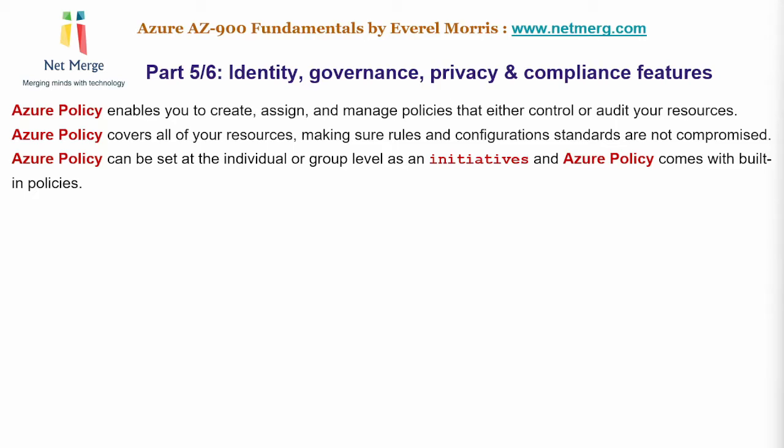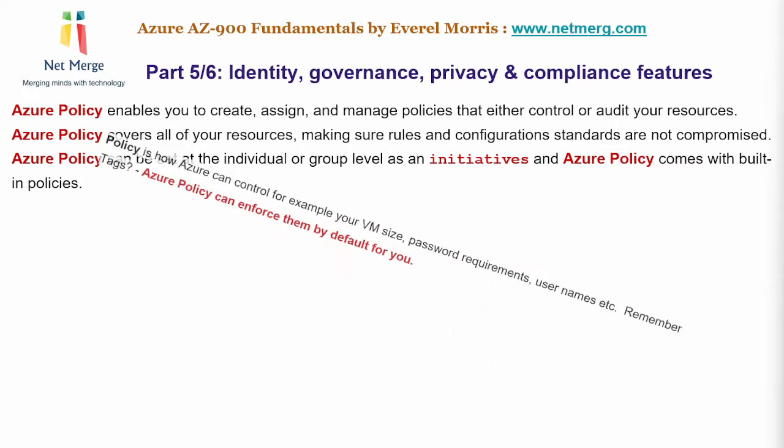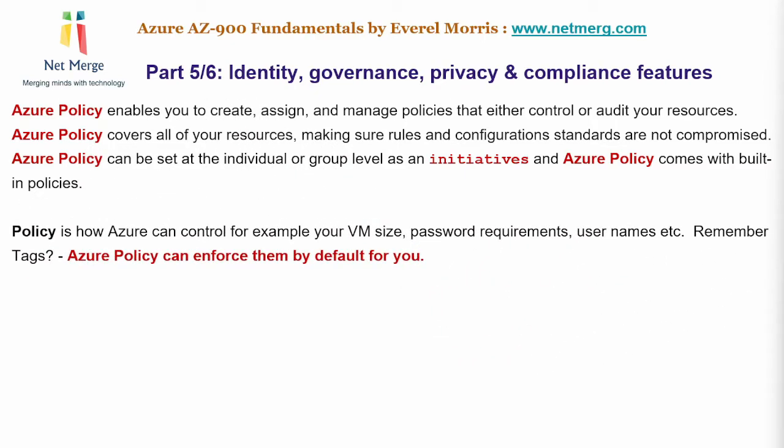Now you could override those policies, and we'll talk about that later, but there are built-in default policies for most security features in Azure. Policies can control, for example, your virtual machine size. I just spoke about that. Your password requirement: you need upper, lowercase, numbers, special characters. Your username cannot be your own name. It's got to be something unique, that type of thing. You are able to do that with policy.